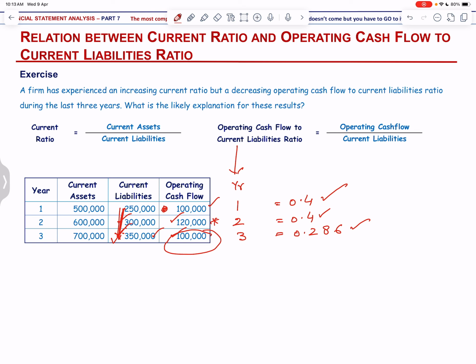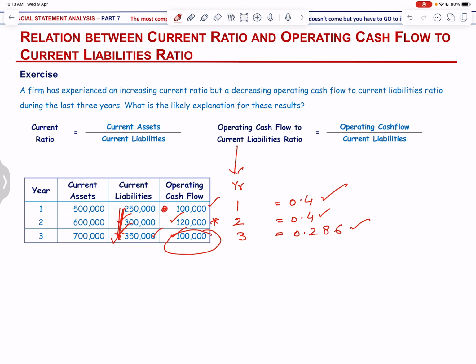The company may be relying more on debt, that is current liabilities, but it isn't generating enough cash from its operations to meet these obligations. In practice, this could be a sign that while the company looks more liquid on paper due to the increasing current ratio, it may be facing a cash flow problem if this trend continues.